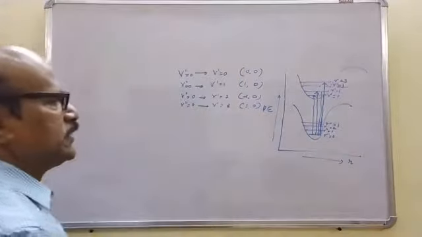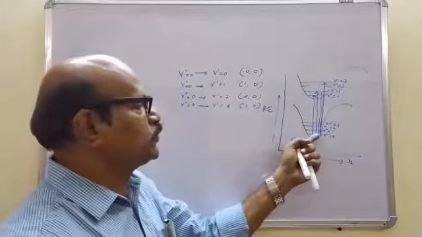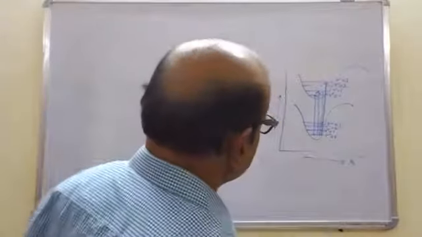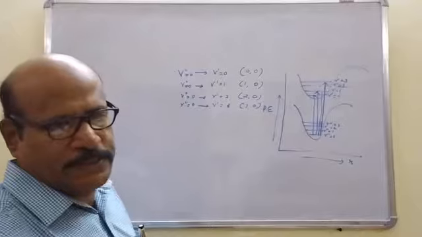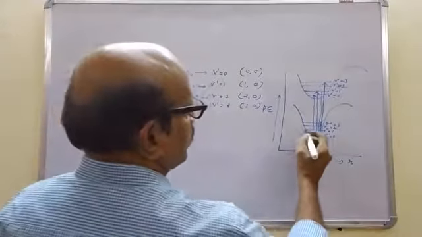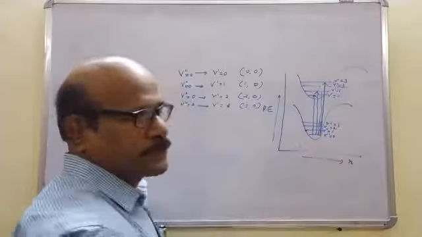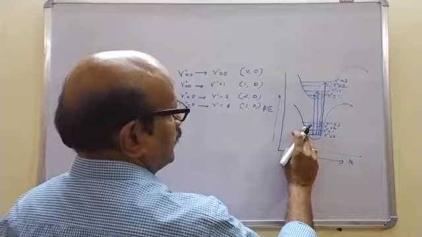So this is the type of transition that is possible, because there is more probability for the molecules to be found in the zero vibrational level in the ground state. There is also a slight probability for transition from the higher vibrational levels, because at higher vibrational levels the molecules tend to be found at the extremes of the potential surface.